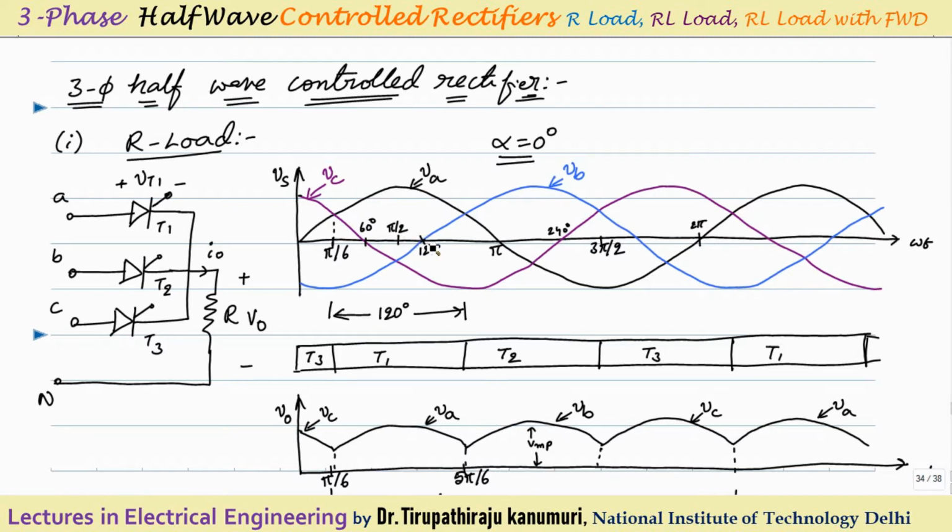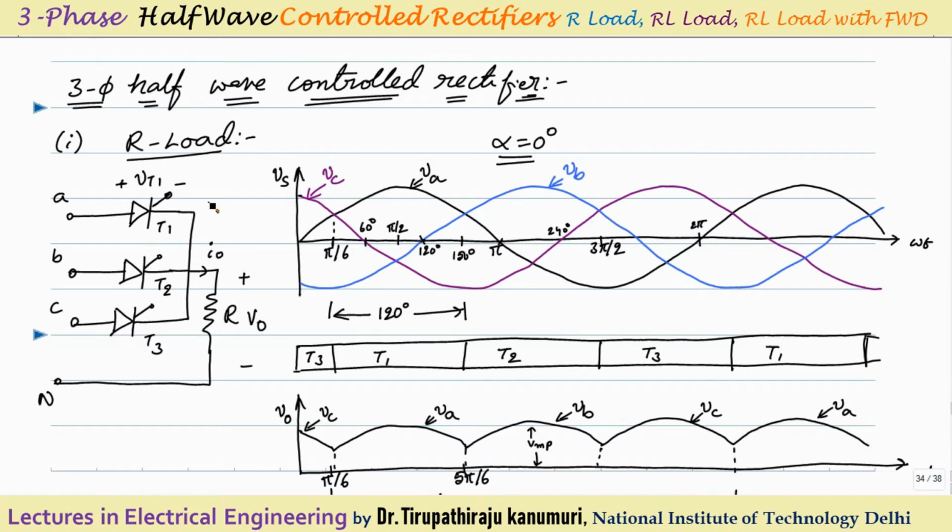Again at 30 more this will become 120, and again 120 plus 30 will be 150 degrees. At 150 degrees VA will be equal to VB, and the value of VC will be at its negative maximum. Again 150 plus 30, that is 180 degrees. We can divide these blocks as 30 degrees each like this.